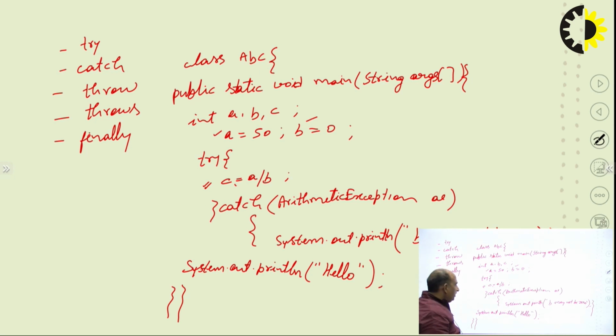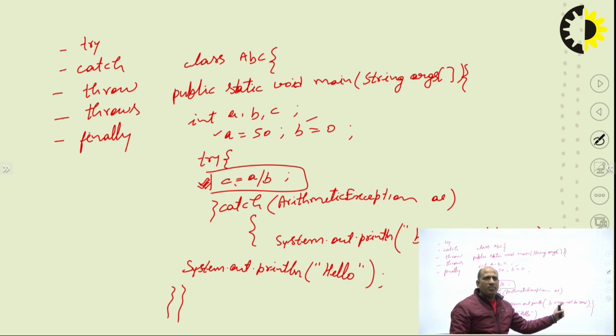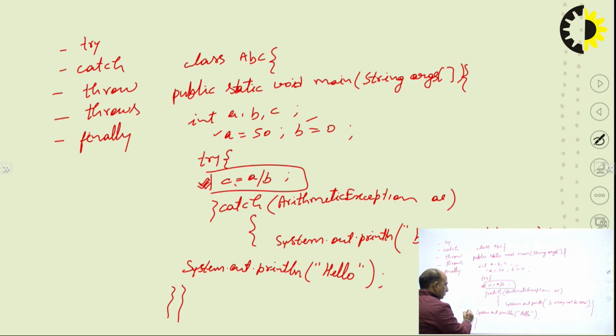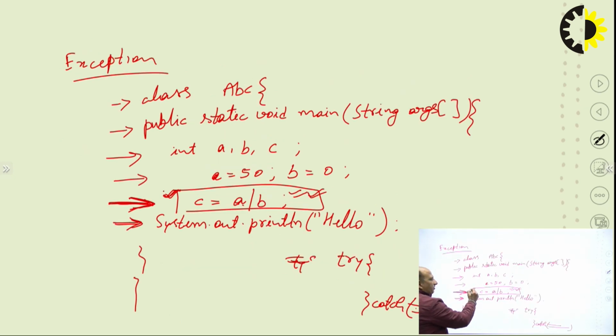Now even though there is an exceptional situation at this place, whenever this situation arises, control will print that B must be some non-zero value, and after that this code will also execute and it will say hello. But previously, due to this line, control would not move here. Whenever this situation arises, control skips this line, it stops, it gets stuck the execution of your code.